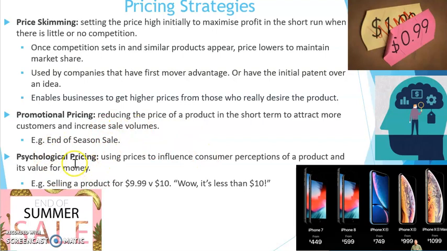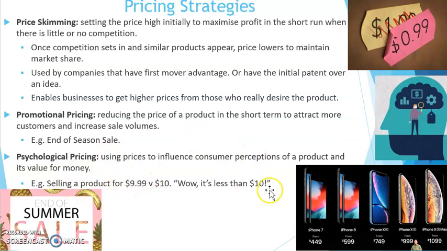And finally, psychological pricing. As the name suggests, this is a pricing strategy that seeks to influence the psychology, or prey upon the psychology, of humans. So our example here is selling a product for $9.99.